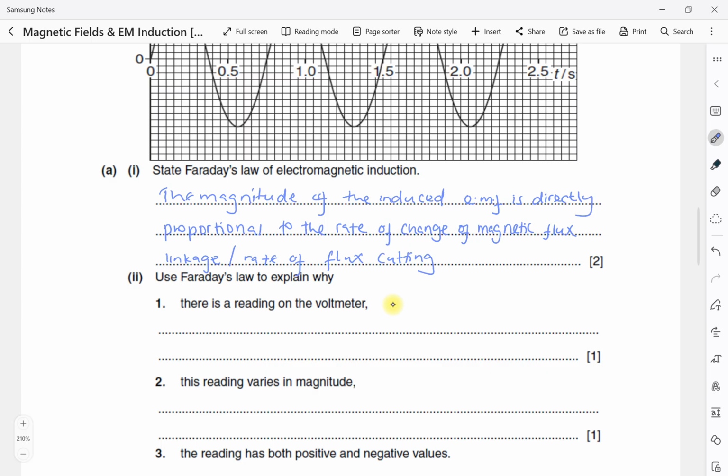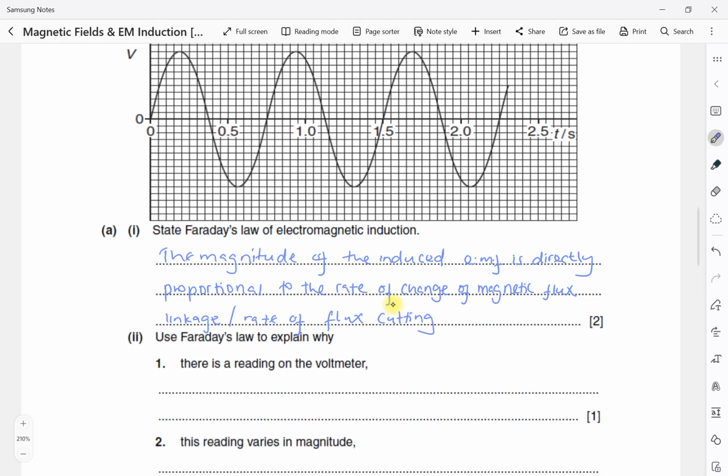Use Faraday's law to explain why there is a reading on the voltmeter. Of course, the magnet is moving, and the moving magnet causes a change in flux linkage, or a change in cutting of the magnetic fields.